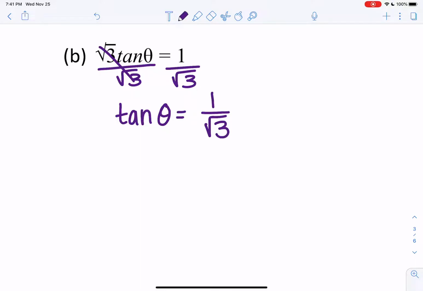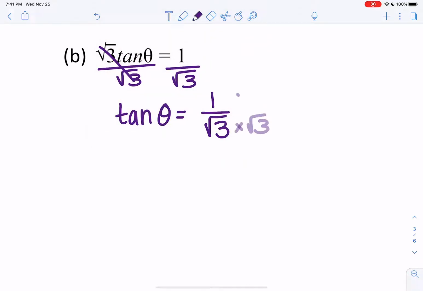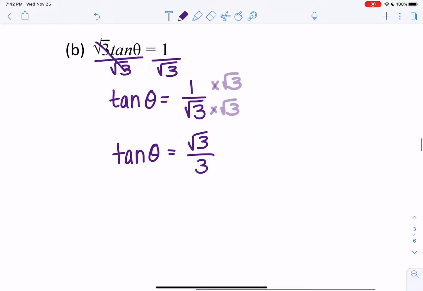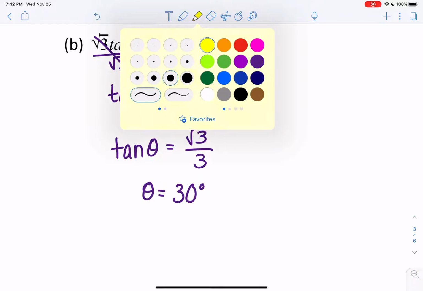So then what we'll do is we'll get that radical off the denominator, and we'll have tan theta equals root 3 over 3. So now you're going to look through all of the special angles above and determine where tan theta equals root 3 over 3. And when you do that, you'll find that theta must be 30 degrees. And that's our final answer.